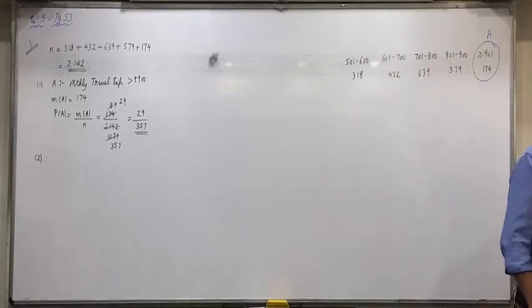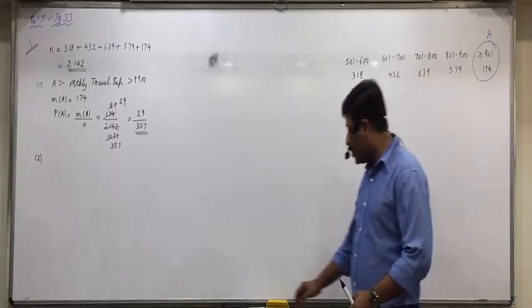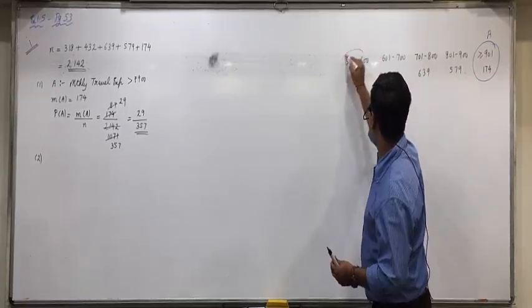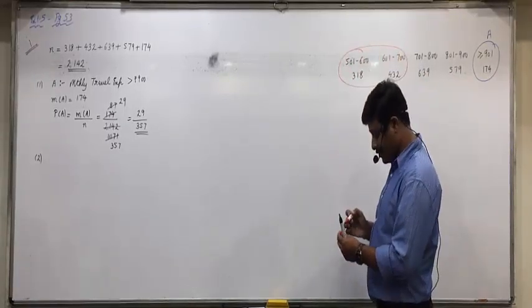Yes. Look at the second question. Find the probability that the monthly expense is at the most 700. What do you mean by at the most 700? Less than or equal to 700 means both these classes will be included.